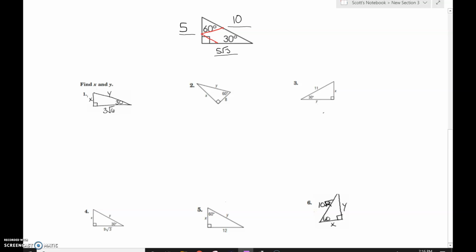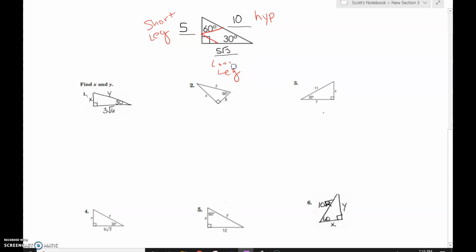The 10 is going to be the hypotenuse. And now these two are both legs, but to distinguish between them, I'm going to have a long leg and a short leg. So opposite the 30 is always the short leg. And this is the long leg.